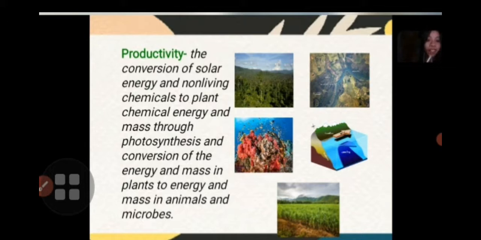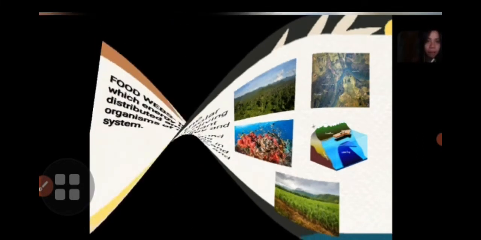And then the last picture that I've presented to you is what we call sugar cane fields. Ang sugar cane fields mag-produce na siya og mga goods. So, mao to siya ang productivity.